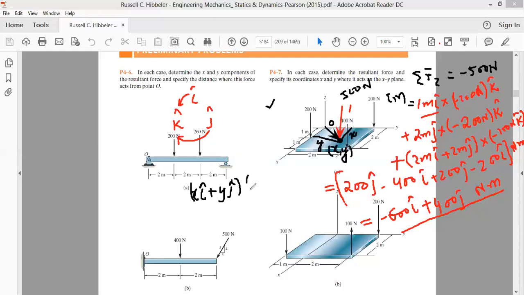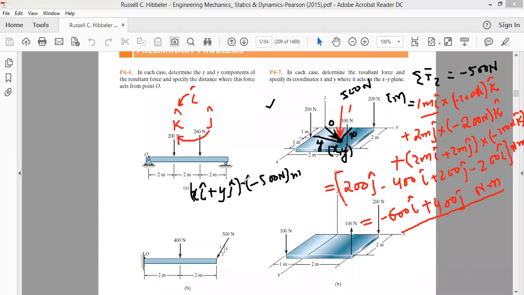Its cross product with the force of minus 500 Newton. The units: x is in meter, y is in meter, therefore it will be Newton meter.